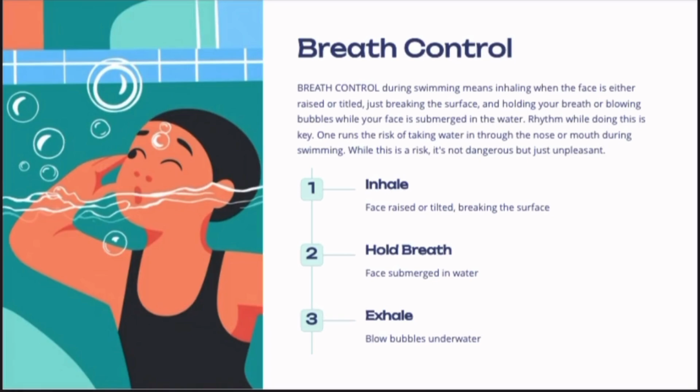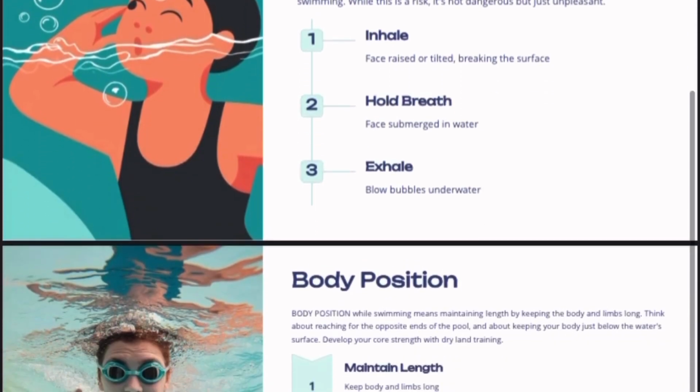So first, breath control. Breath control during swimming means inhaling when the face is either raised or tilted, just breaking the surface, and holding your breath or blowing bubbles while your face is submerged in the water. Rhythm while doing this is the key.